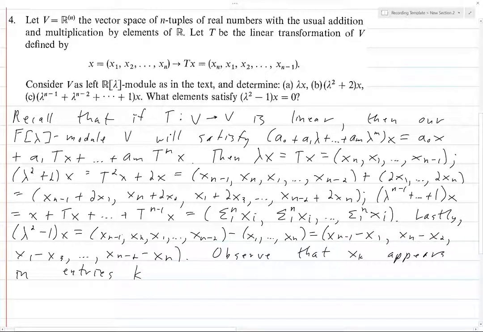But in the first one, it's k plus 2, but we allow it to shift, like it can loop back around. So in entries k and, well, how do we write down that looping back around? That's just k plus 2, but we loop back mod n.